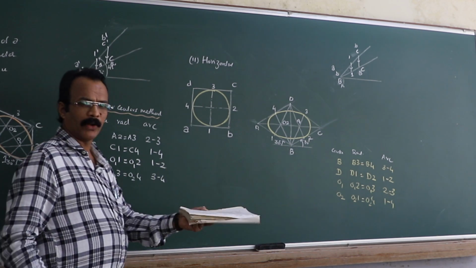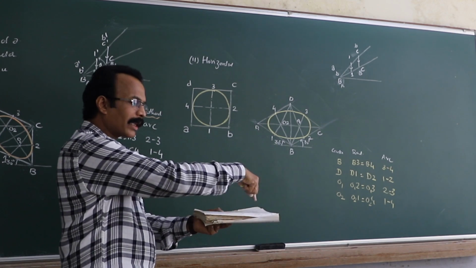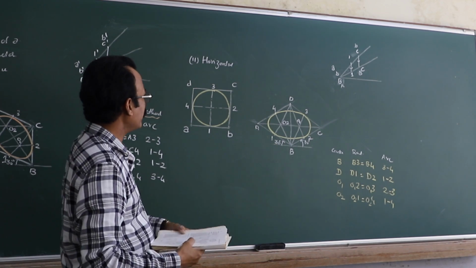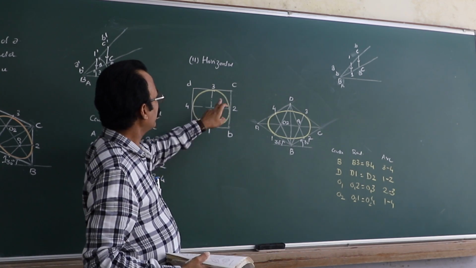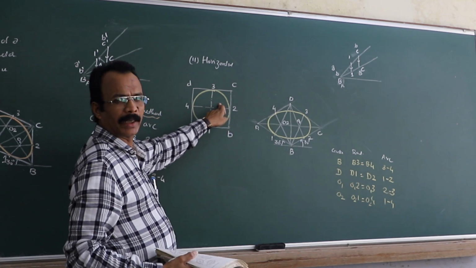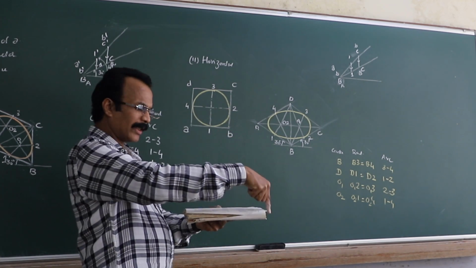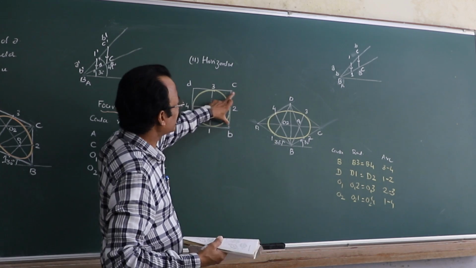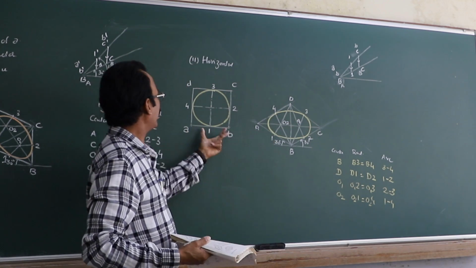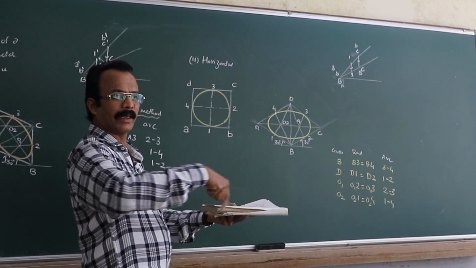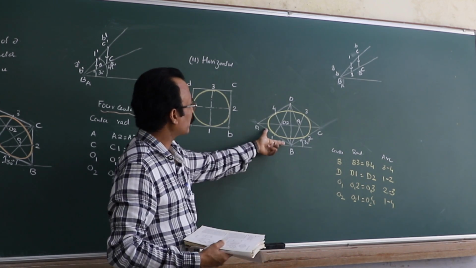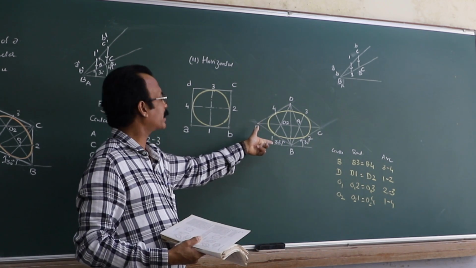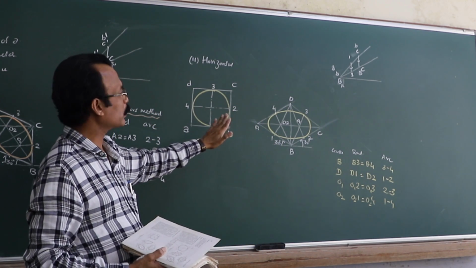If it is a top view, in actual all the lines are horizontal, right? See, for example, this BC on the board may look vertical, but in actual it is horizontal. So BC will become inclined. Then AB is also horizontal, so that will also become inclined. So this basic thing you remember and try to solve the problem.